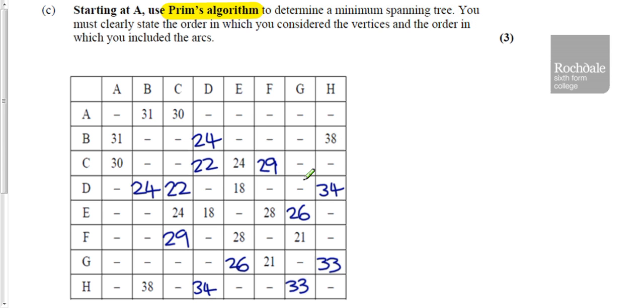I can either do it from the table method or just by looking at the network. In this video, I'm going to do it using the table. So let's make a start.